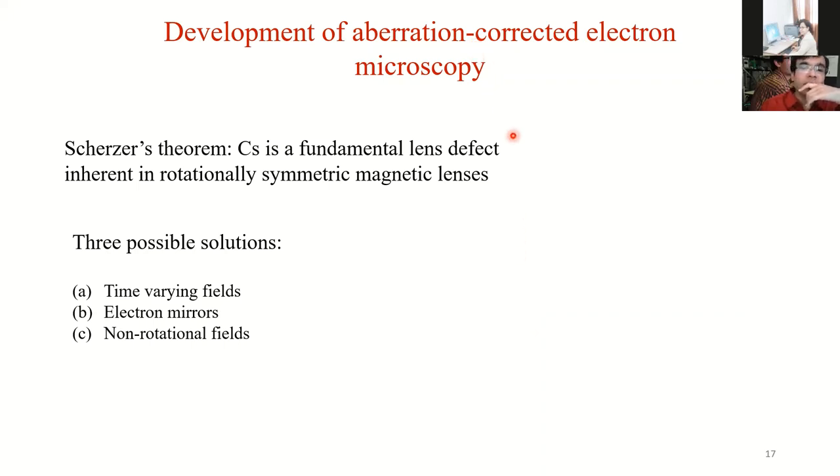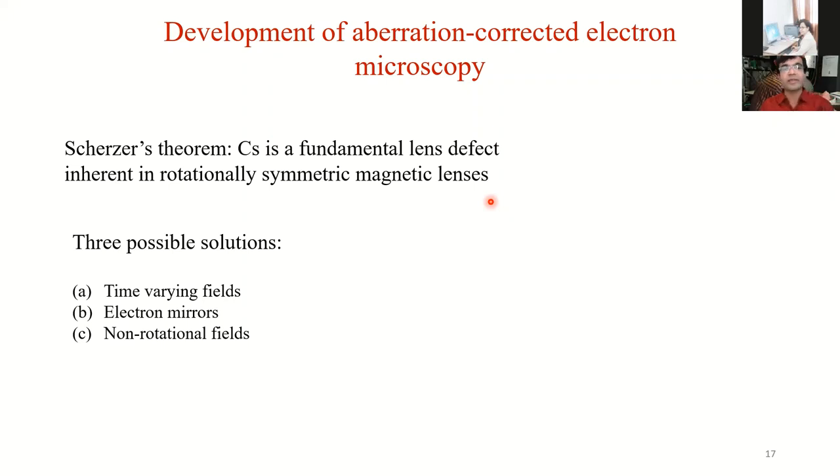That can lead to artifacts, or compromise the resolution, and that's not desired. Another problem is the stability of the electric and electromagnetic components. You are working at very high voltage, so stability of the electric components is important.